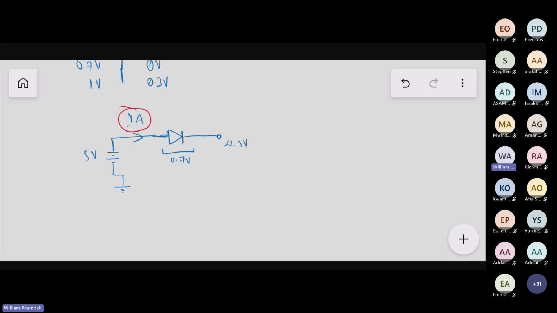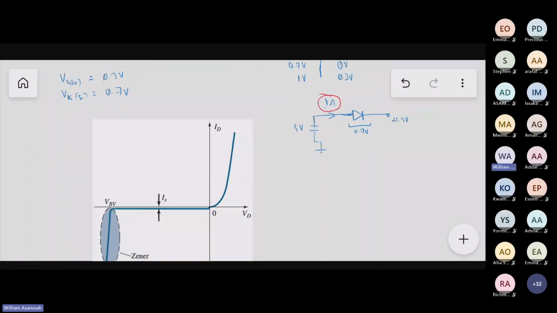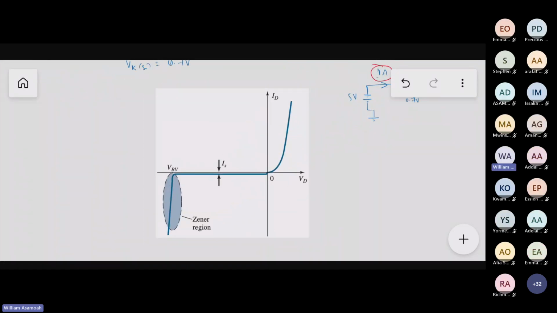Now, if you don't meet the minimum knee voltage requirement, will the diode turn on? No, it won't turn on. So you need to consider the knee requirement and build your circuit in such a way that you can pass the minimum voltage requirement that the diode needs. Otherwise, the diode will not work.